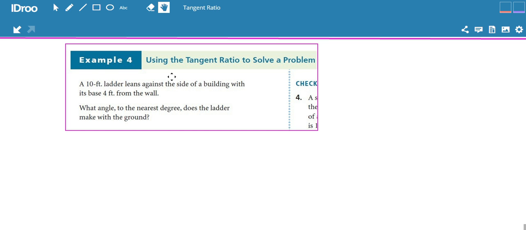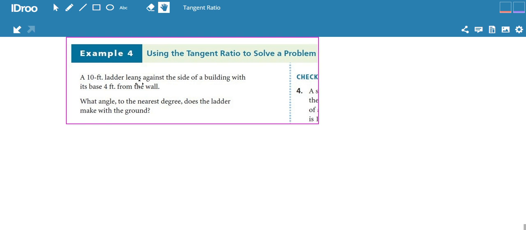You're there, right, Anisa? Yeah, I'm here. It says a 10 feet ladder leans against the side of the building with its base 4 feet up from the wall. What angle, to the nearest degree, does the ladder make with the ground?